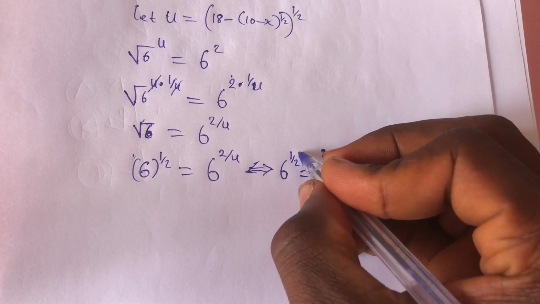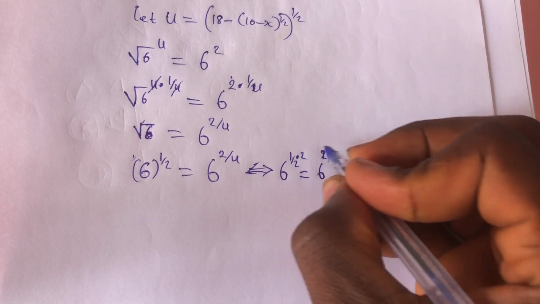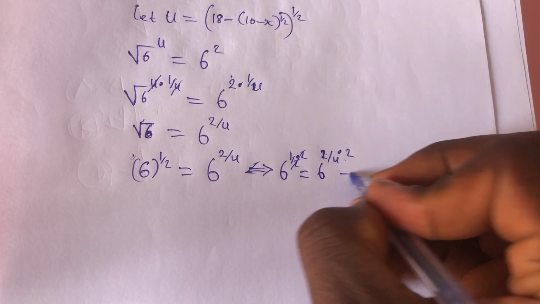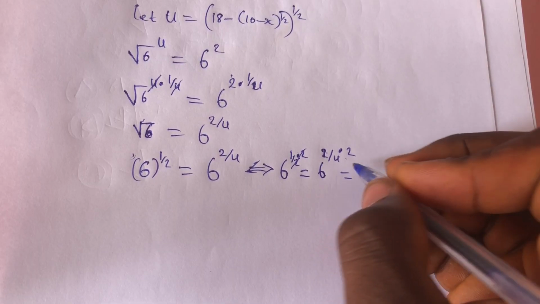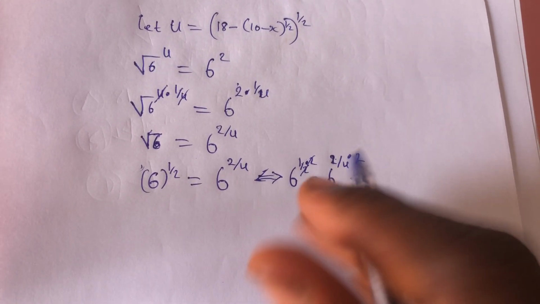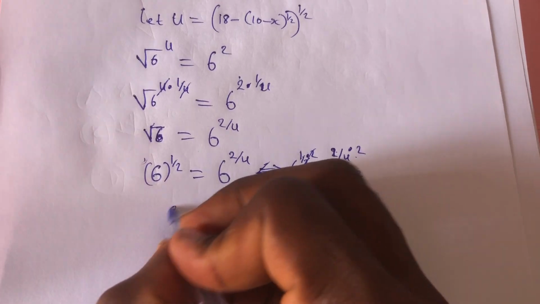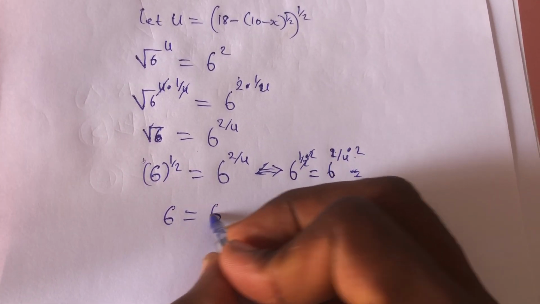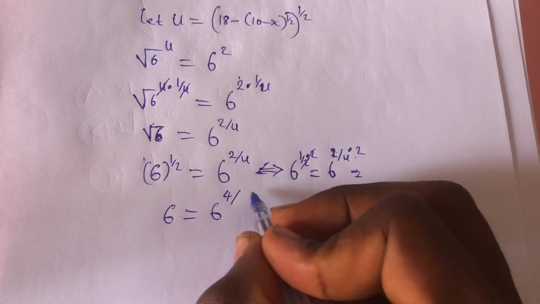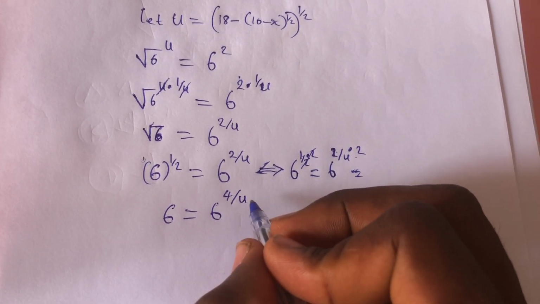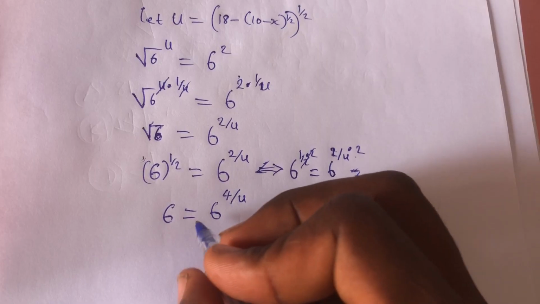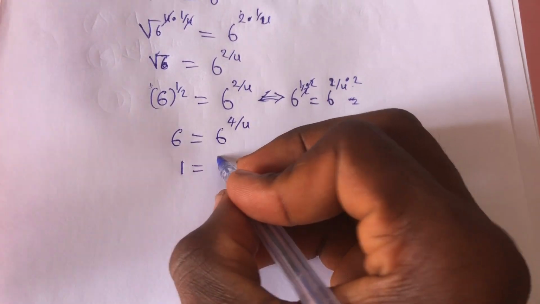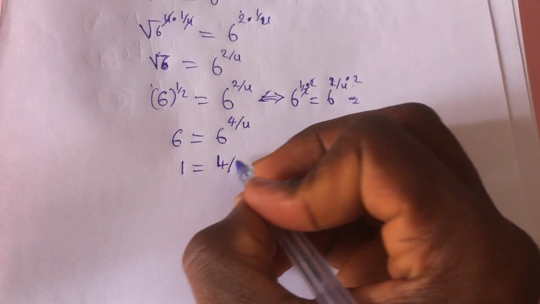We multiply 2 here and 2 here, such that we get 6 raised to the power 1 is equal to 6 raised to the power 4 over u, and the bases are equal. That means 1 is equal to 4 divided by u.